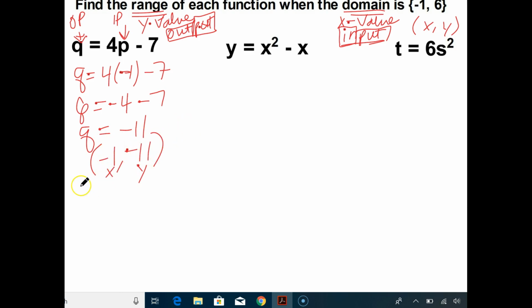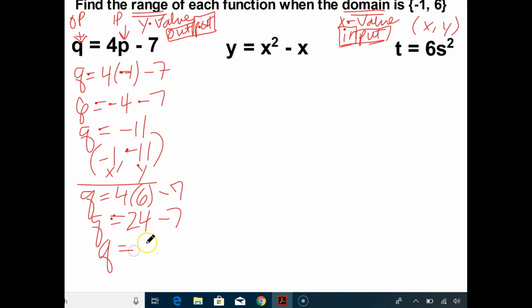And then we do the same thing for 6. Q is equal to 4 times 6 minus 7. 4 times 6 is 24. 24 minus 7 is 17. So our input was 6. Our output was 17.